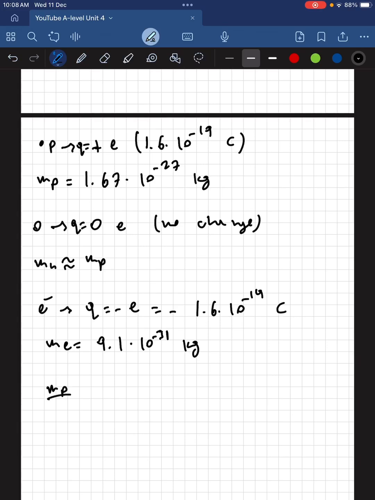And if we divide the mass of the proton with the mass of the electron, we find 1836. So the proton and the neutron are about 2,000 times heavier than the electron. So the mass of the atom is mostly equal to the mass of the nucleus. Okay, so the electrons are tiny, they don't play an important role in the mass of the atom.